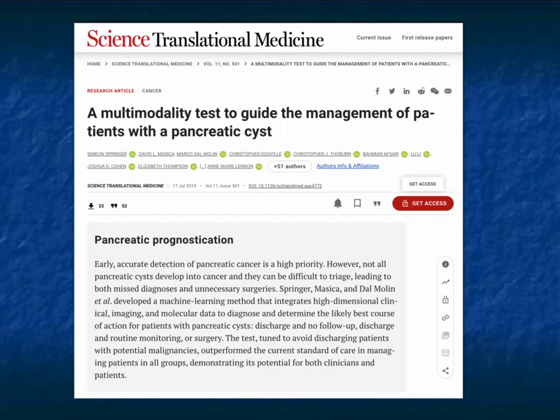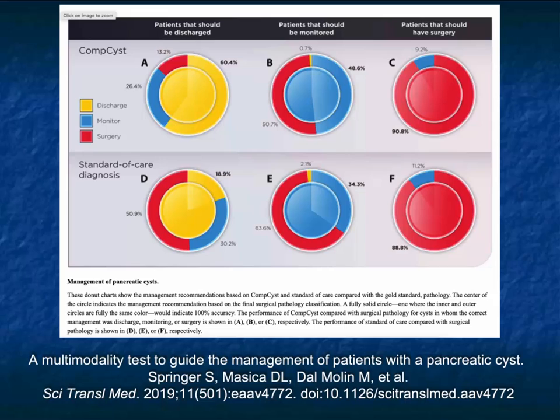One of the studies that was done was a multi-center trial where they looked at cystic pancreatic lesions, and all the lesions that were of concern went to surgery. It ended up that only 40% of those lesions, which were felt to be premalignant or malignant, actually had premalignant or malignant features, and 60% of the patients had surgery for no reason.